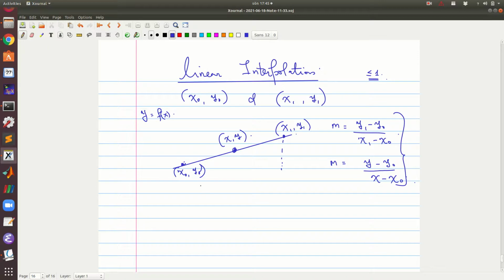The gradient here is the same, so we can equate these and say y minus y0 divided by x minus x0 should be equal to y1 minus y0 divided by x1 minus x0, for which we make y the subject and get y equals y0 plus x minus x0 divided by x1 minus x0, multiplied by y1 minus y0.